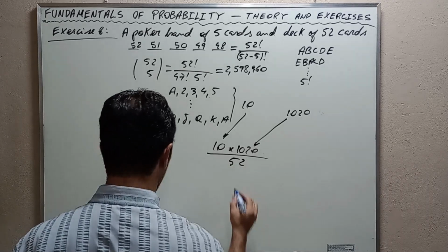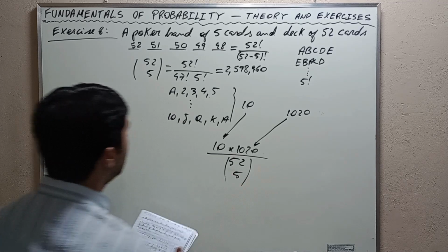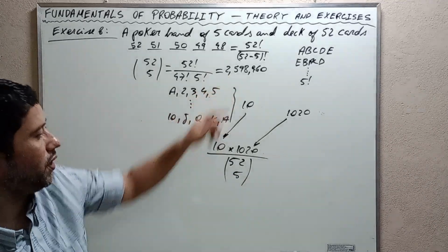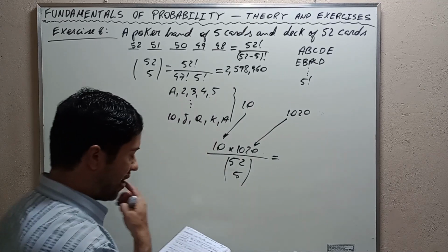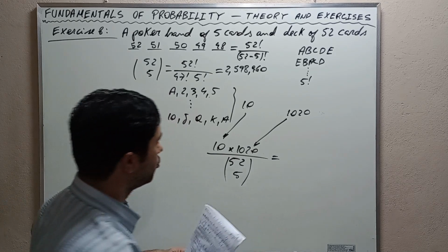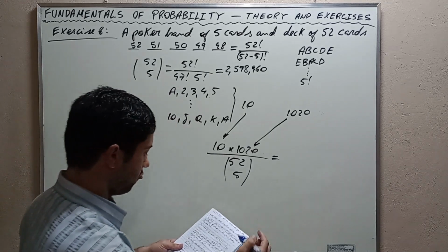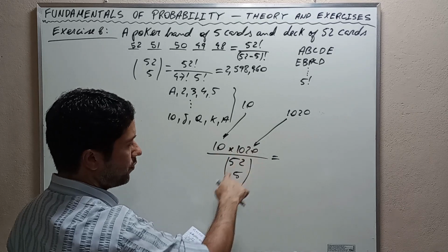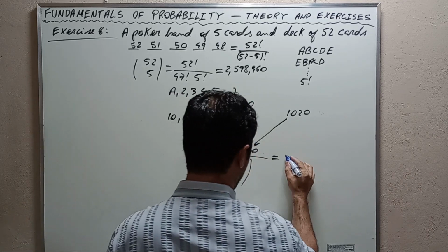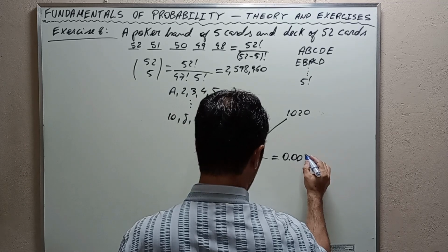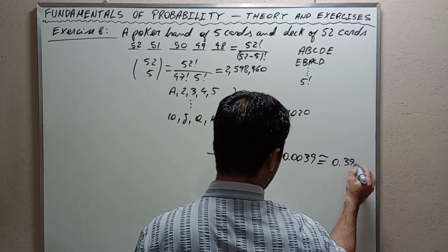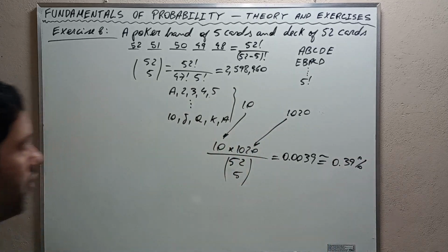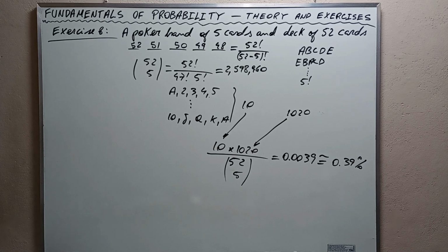We calculated the sample space, and the sample space is this, okay? And this is equal to this number here. This number, the multiplication of this divided by this, and it is equal to 0.0039, or if you prefer, 0.39%. My friends, this is the solution of exercise 8.